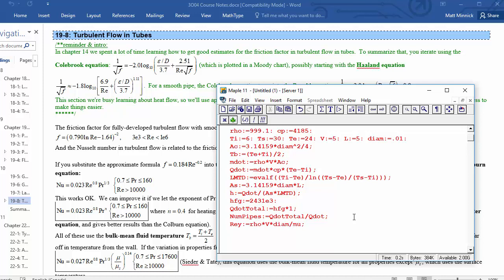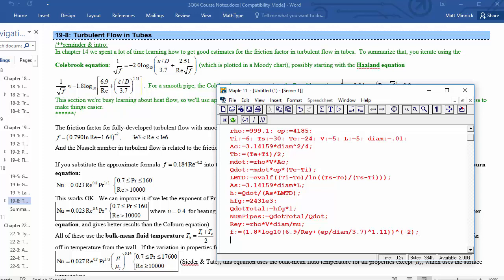And then once we've got the Reynolds number, we're going to figure out the friction factor through maybe the Haaland equation. f would be equal to 1.8 times log 10 of 6.9 over Reynolds number plus epsilon over diameter over 3.7, all to the power of 1.11. Let me put in an extra bracket there. And then we take that thing to the power of -2. Okay, so there's your friction factor.